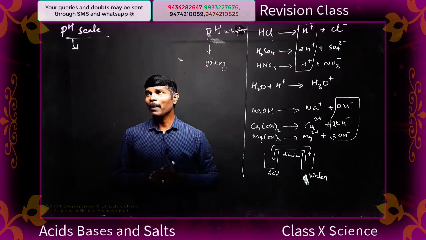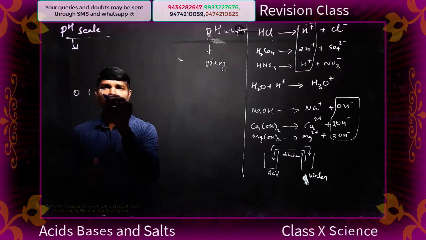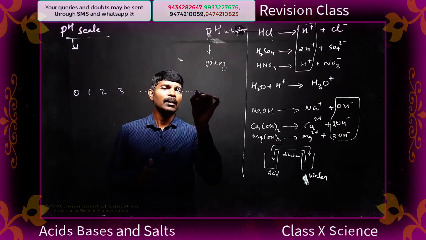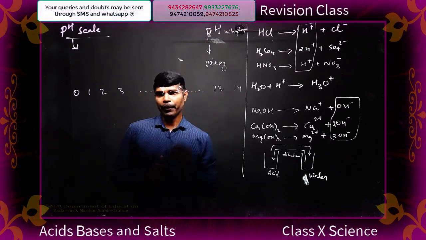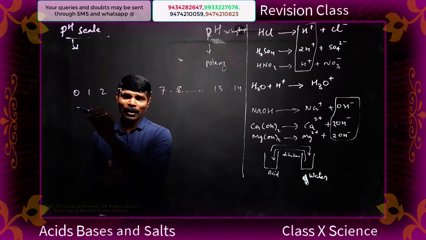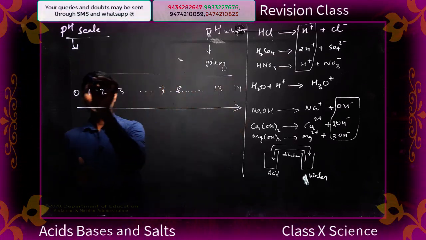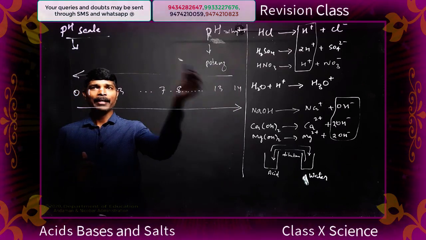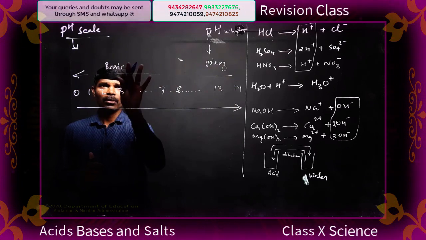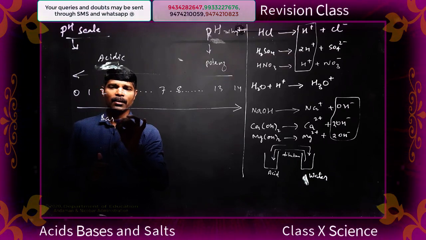This pH scale has 14 values starting from 0, 1, 2, 3, like that, 7, then 8, up to 13 and 14. Dear students, the acidity decreases when we go from left to right, and the basic nature decreases from right to left. So we can say here this is acidic, and this is basic.